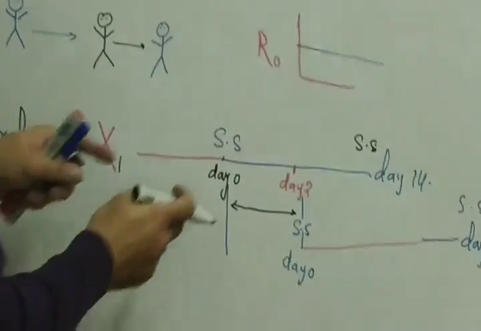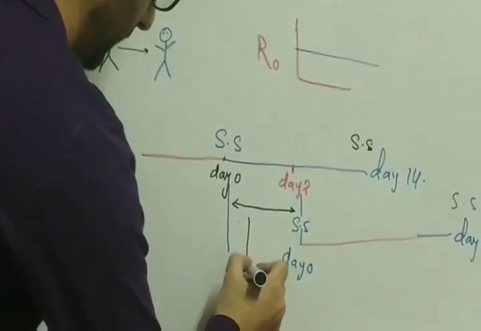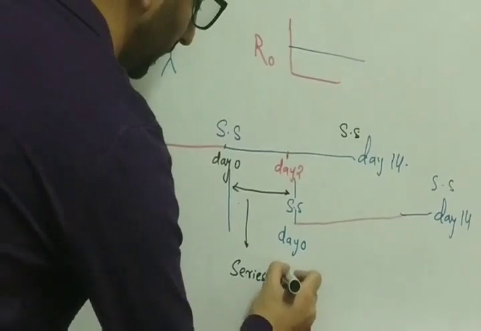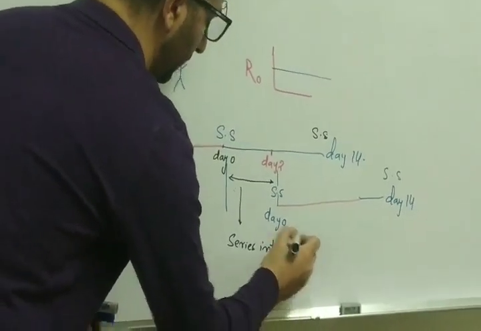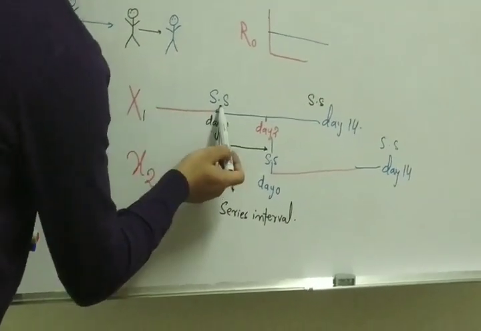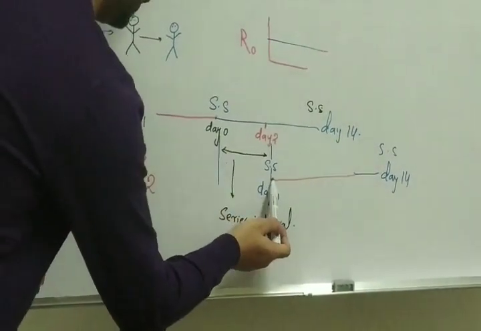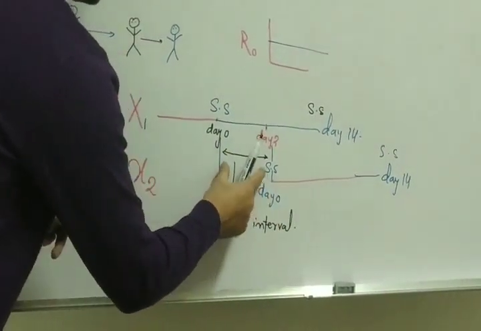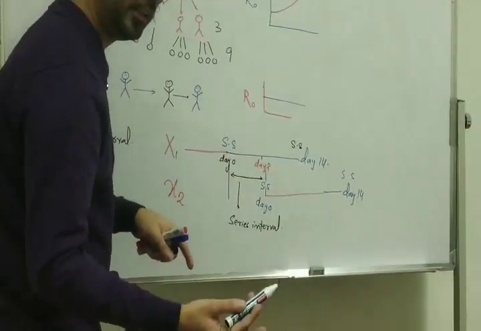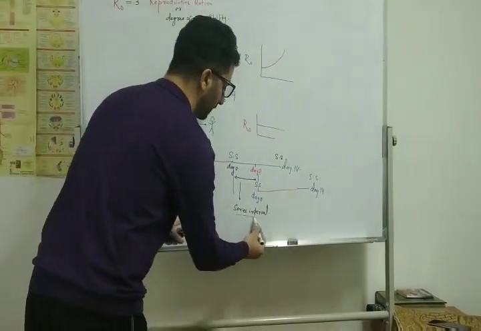This gap is called the serial interval. What's the actual serial interval? It is the difference between the onset of symptoms in patient 1 and the onset of symptoms in patient 2. For example, if patient 1 has got symptoms, in how many days can these symptoms be shown in the second person? That's what we call the serial interval.